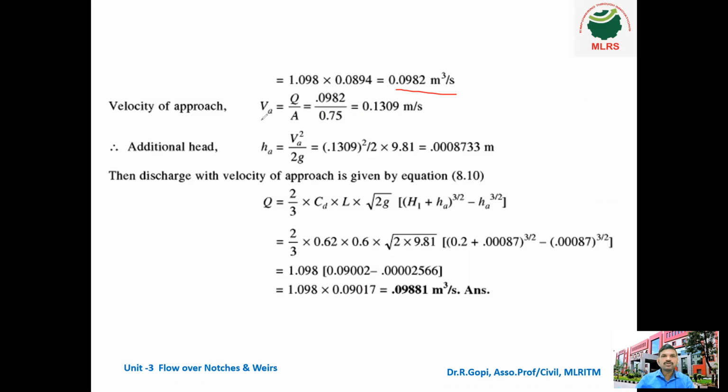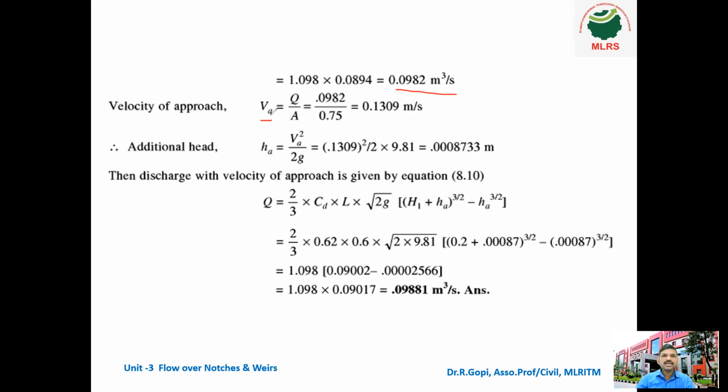So the velocity of approach VA is equal to Q divided by A, which is 0.0982 divided by the area. We are calculating the channel area, that means before the weir. We must calculate the discharge before the weir, and the same discharge falls after the weir.